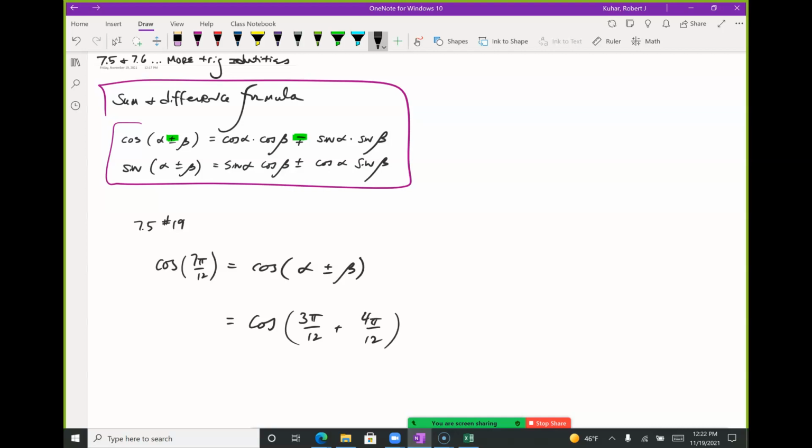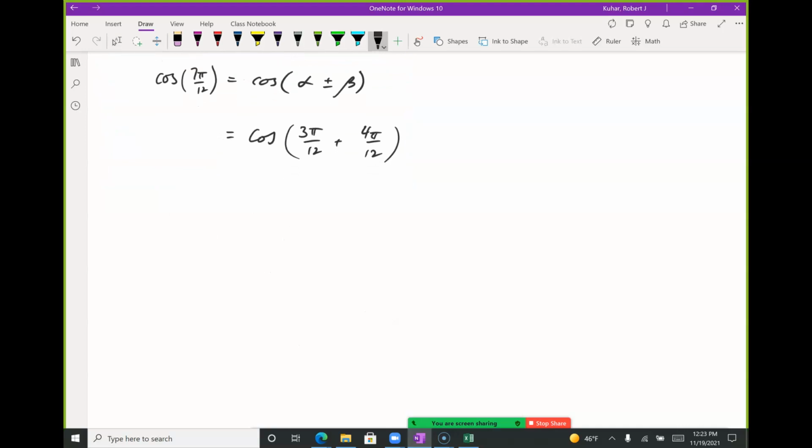So the 3 and the 12 are going to simplify to pi over 4. The 4 and the 12 will simplify to a pi over 3. And that's what I'm trying to get: a 0, a pi over 6, a pi over 4, a pi over 3, a pi over 2. You with me?